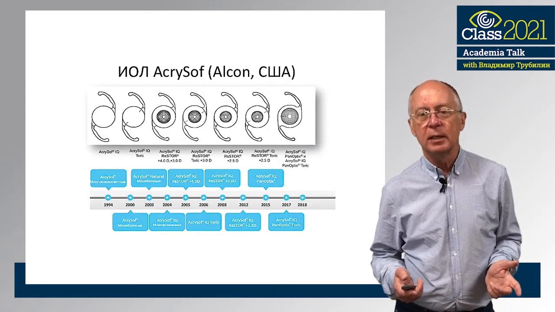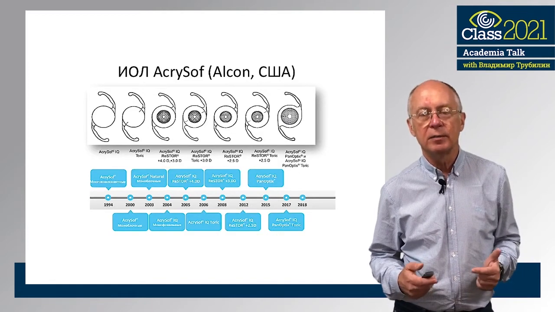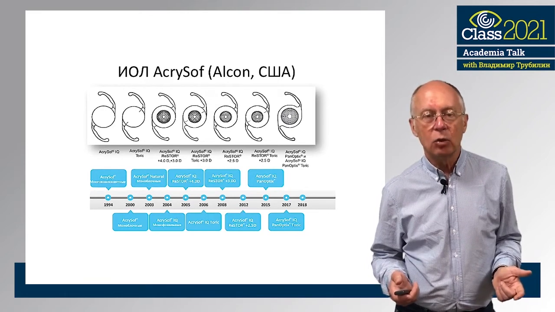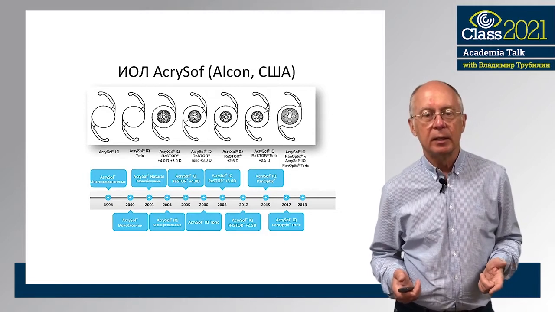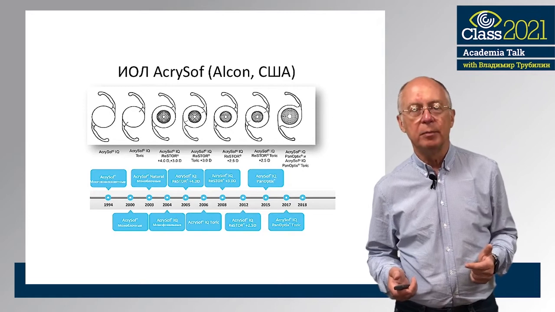Let's take a look at the history of the IOL and multifocal lens development. Taking Alcon as an example, the first single-piece lenses, whose design we're also used to now and which are widely used in the industry, came onto the market in 1994.